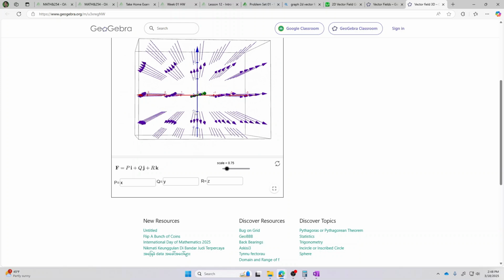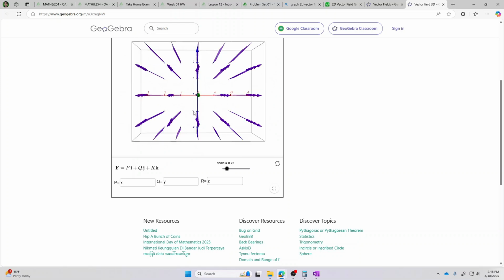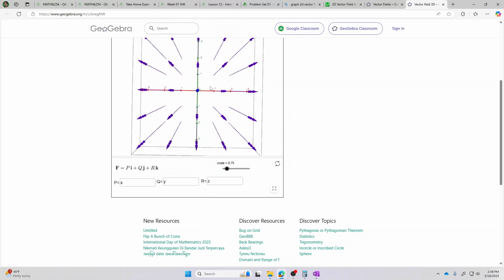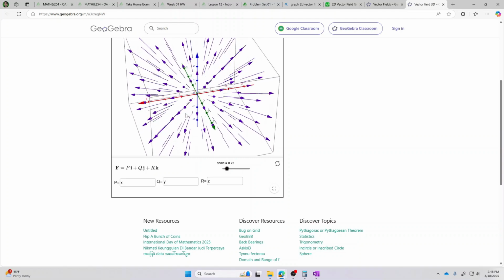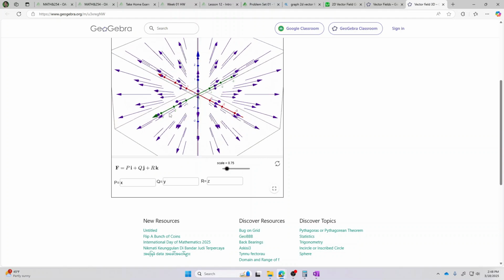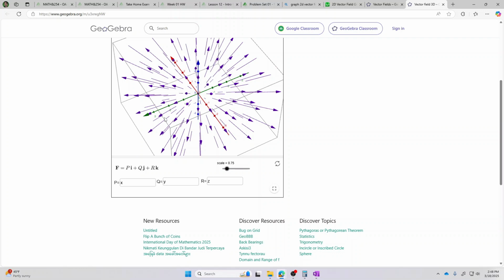If I look down the length of the positive y-axis, I can see again no swirling motion. And if I look down the length of the positive z-axis, I can see again no swirling motion around that z-axis. So this is a vector field where I'm pretty sure that the curl vector will be 0 in every single component. I think that the curl vector for this vector field will actually be the 0 vector.